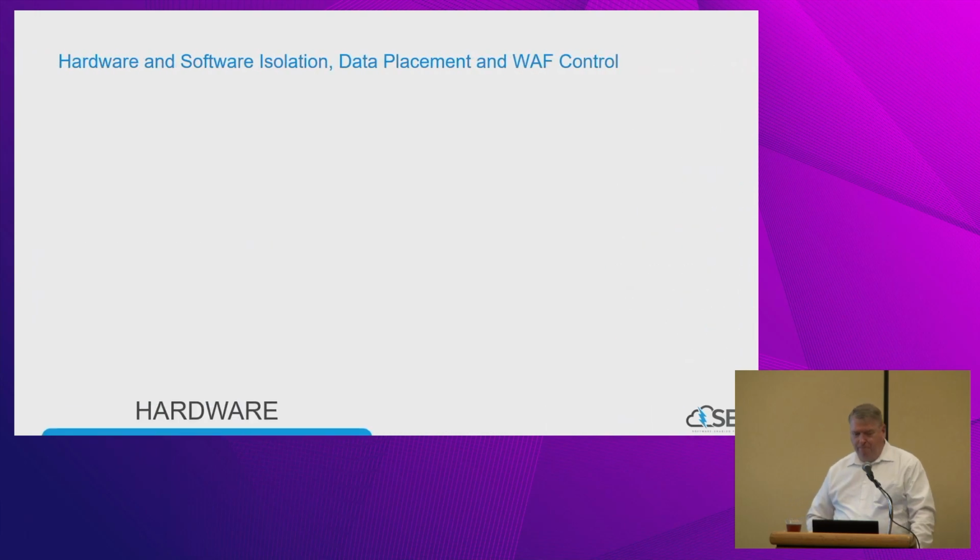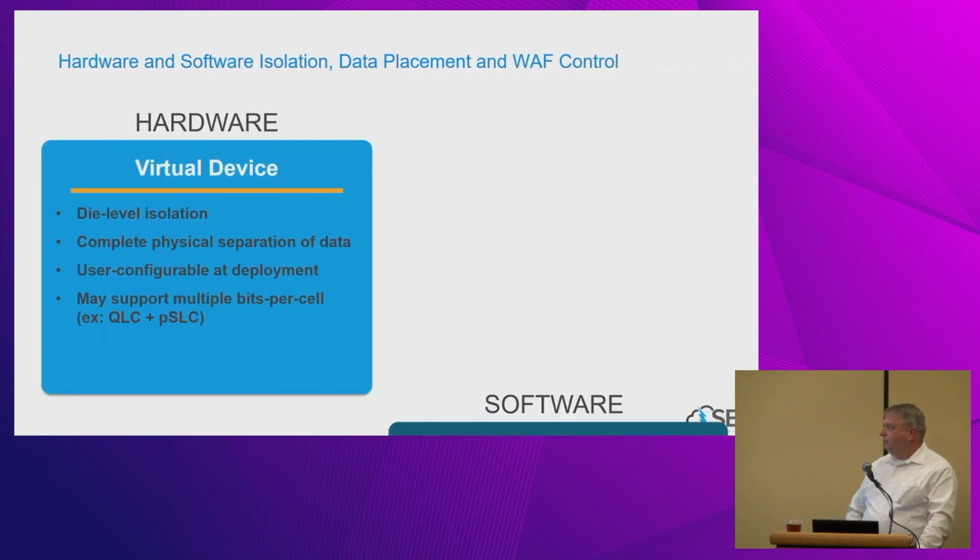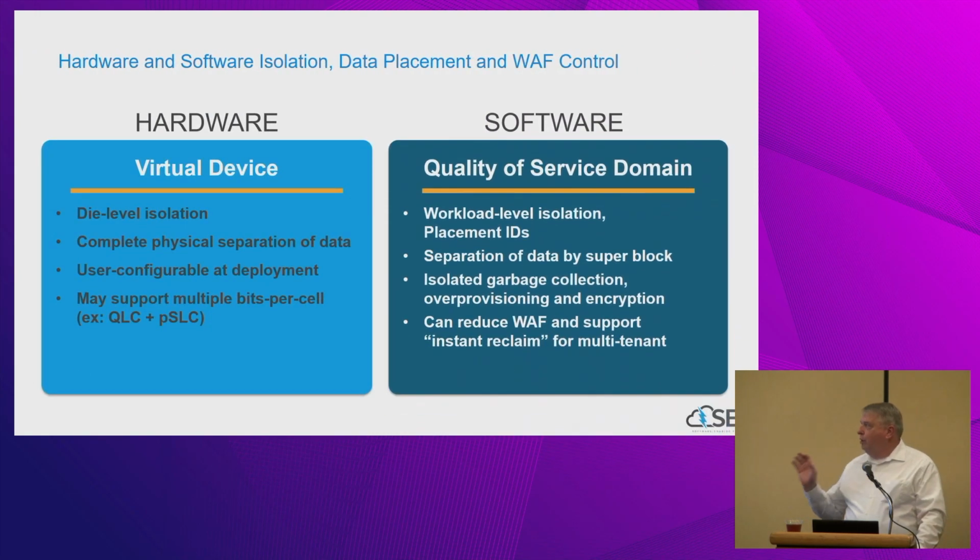We call it a QoS domain that allows you to break that flash die or that individual block into multiple software-driven isolated sections. And this allows you to further separate that I/O, manage those latencies, manage that data placement down into that virtual quality of service domain. So again, hardware and software working together.